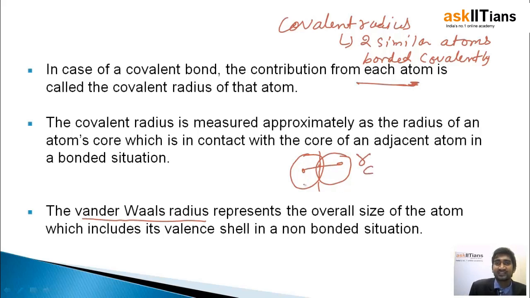And the van der Waals radius represents the overall size. There is another radius called the van der Waals radius. There is a difference between van der Waals radius and covalent radius. In the case of van der Waals radius, the atoms are not in a bonded situation. This is the main difference.